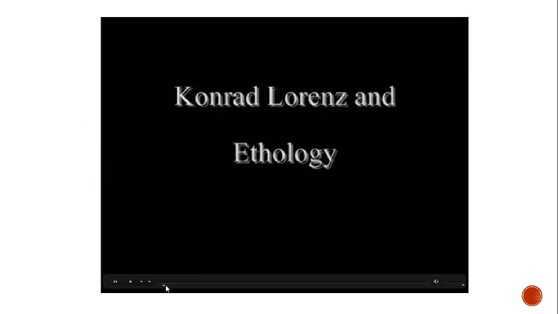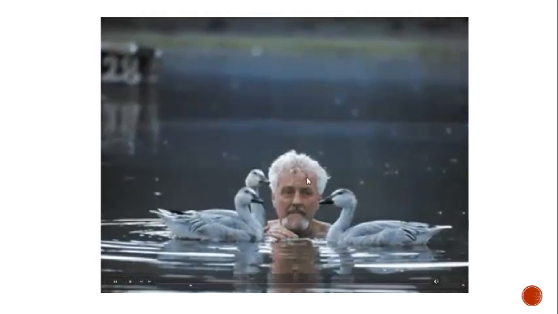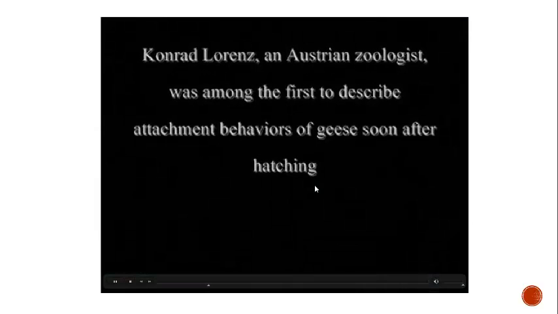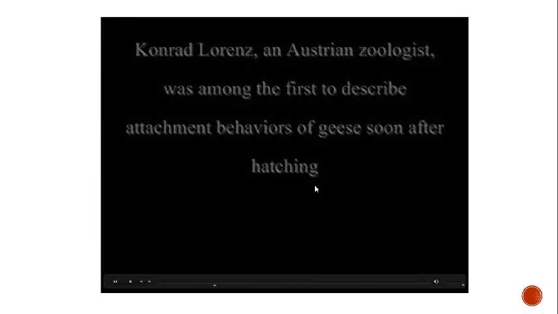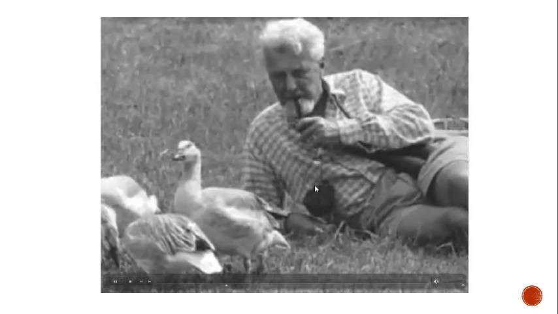Here you see the Konrad Lorenz video showing imprinting. I'm going to fast forward. Here you see Konrad Lorenz with his geese or his ducks, and they all think that he's their mother because he was with them during their critical period where they learned who their mother was.